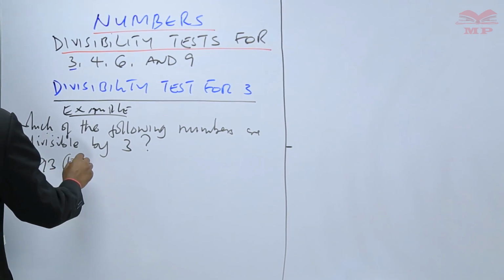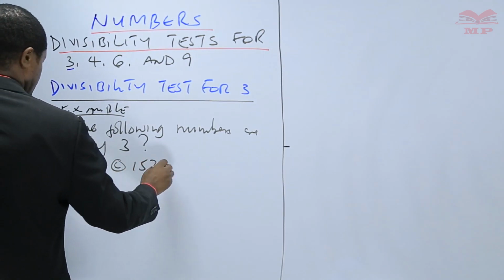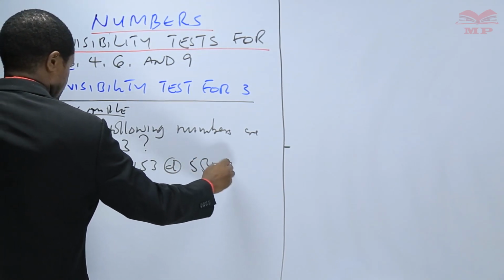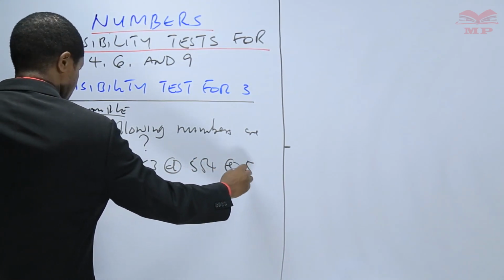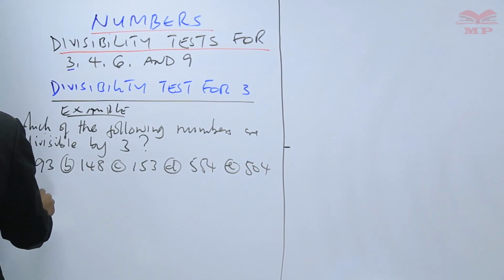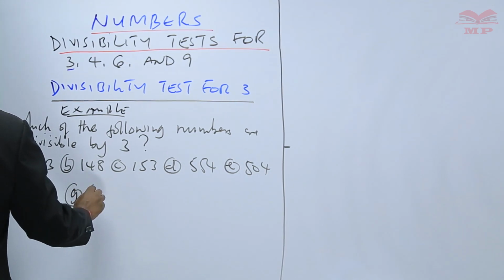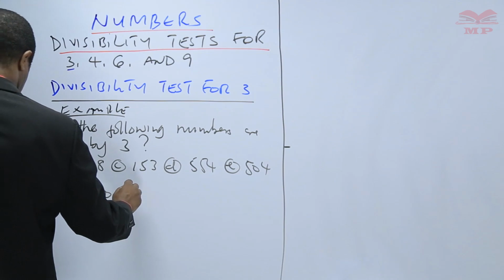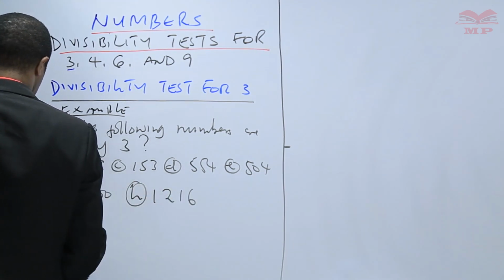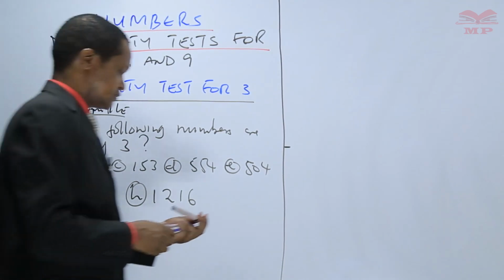B, we have 148. C, 153. D, 554. E, 504. F, 750. G, 600. Then H, the number is 1216. Which of these numbers is divisible by 3?